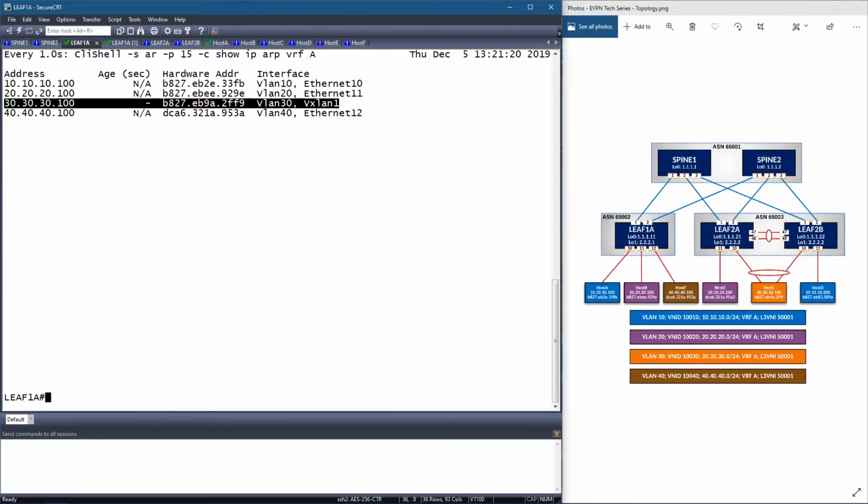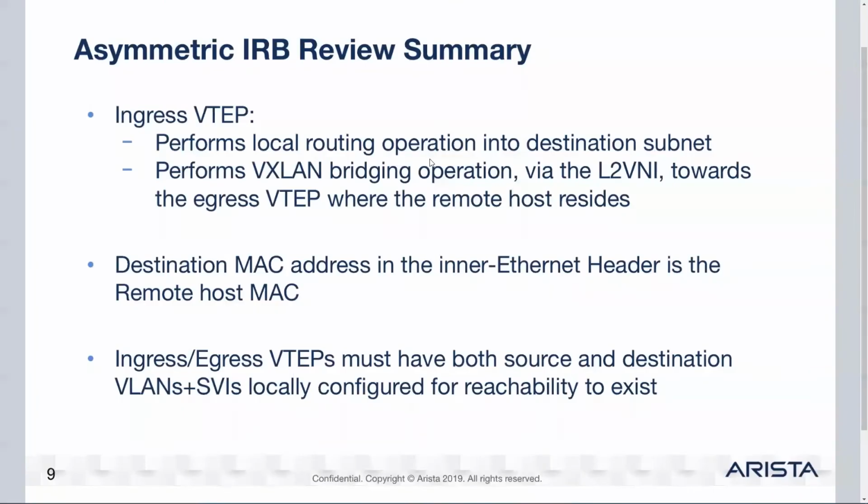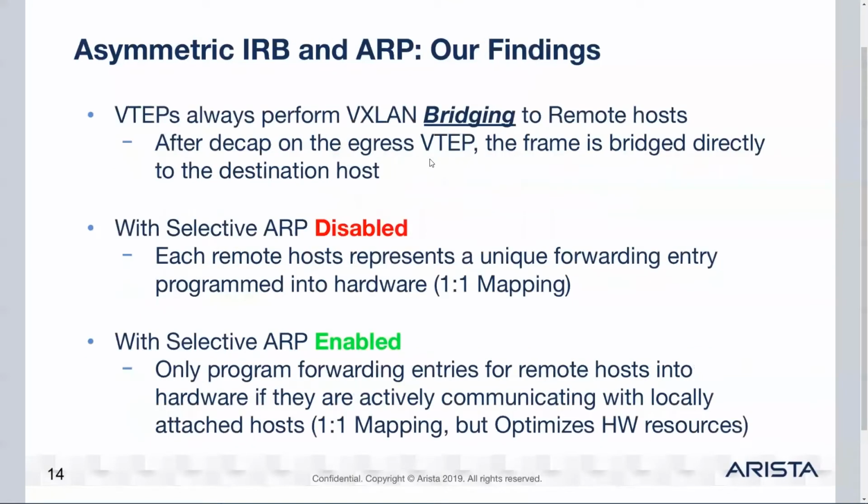Okay, so that wraps up our first scenario. Before jumping directly into the symmetric IRB model and the techniques we have to optimize ARP in that model, let's take a look at some of our findings here. In this model, the VTEPs always perform VxLAN bridging to remote hosts.